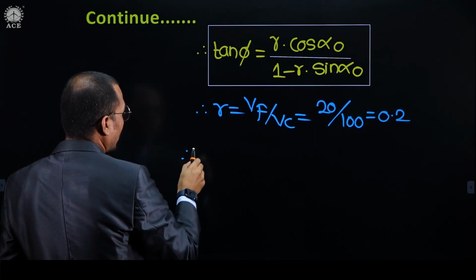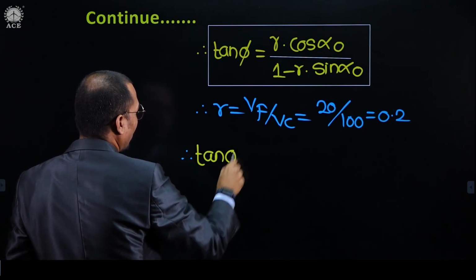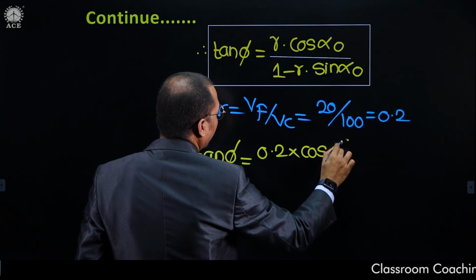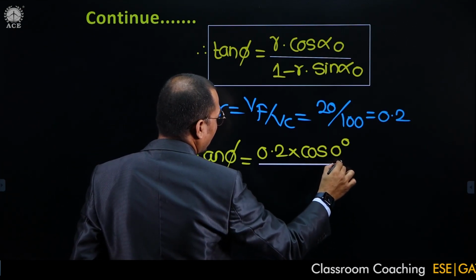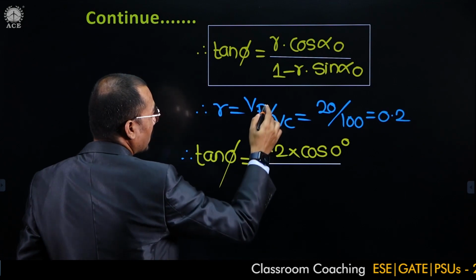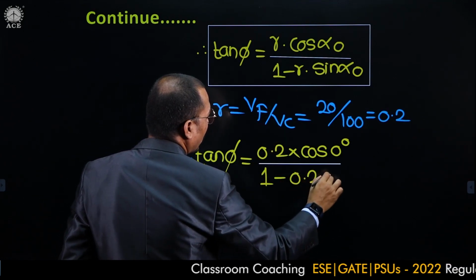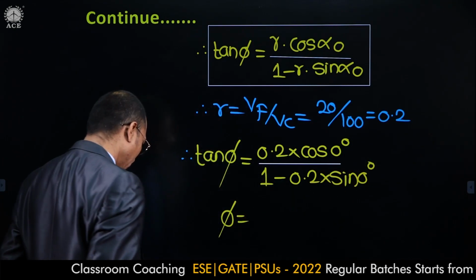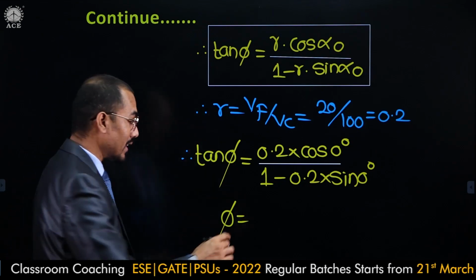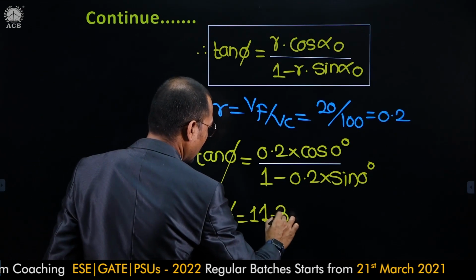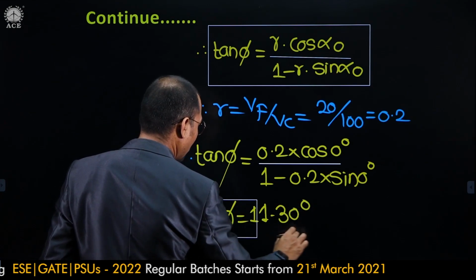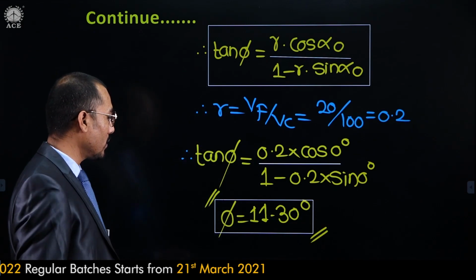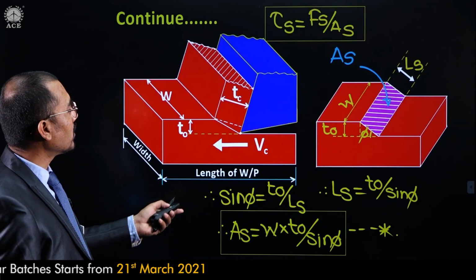Therefore, tan of phi is exactly equal to 0.2 into cos of 0 degree divided by 1 minus 0.2 into sine of 0 degree. Once you calculate that, phi is coming 11.30 degree.